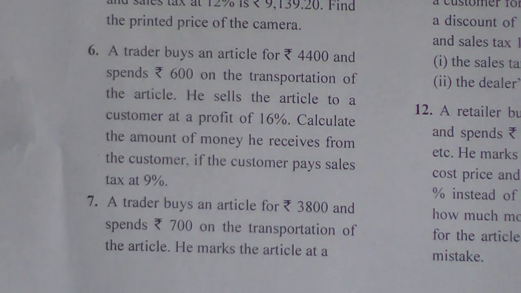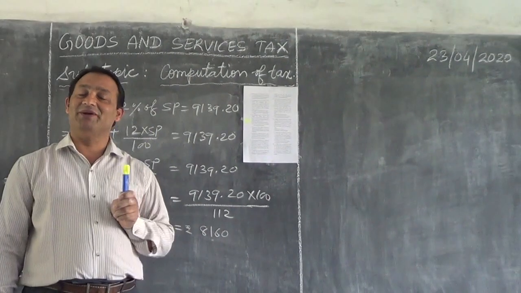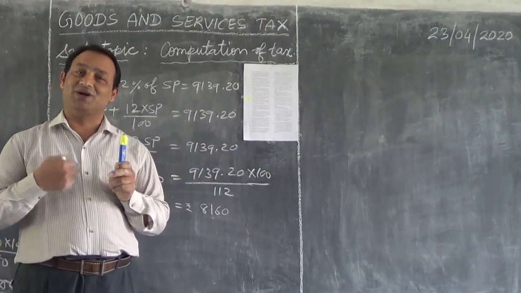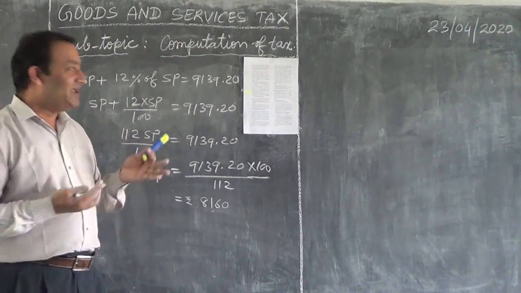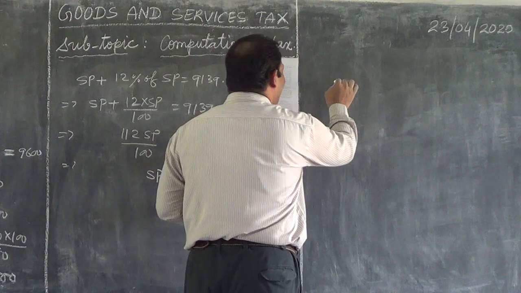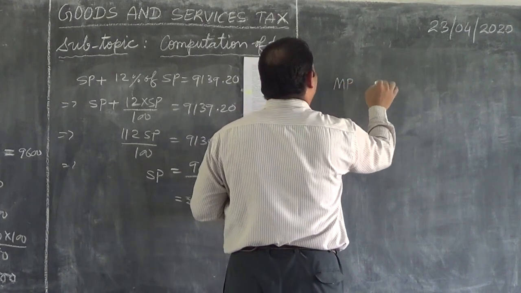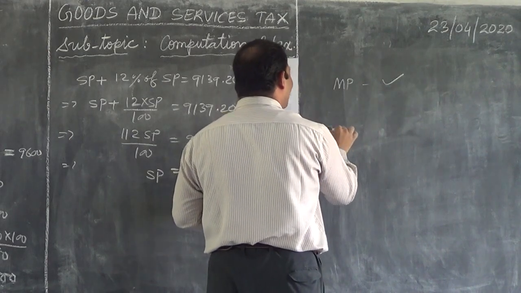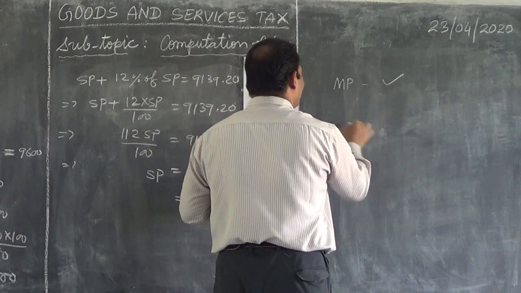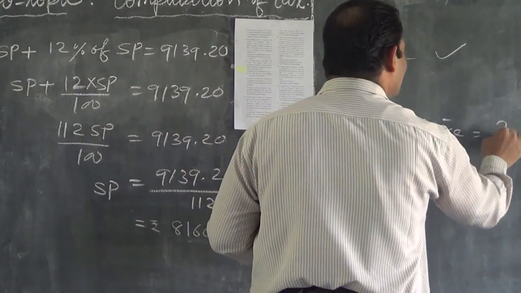So see here, it is top down approach, top to bottom approach, or bottom to top approach. Means what is given? If MP is given, see children, and it is asking the final price, then what to do?